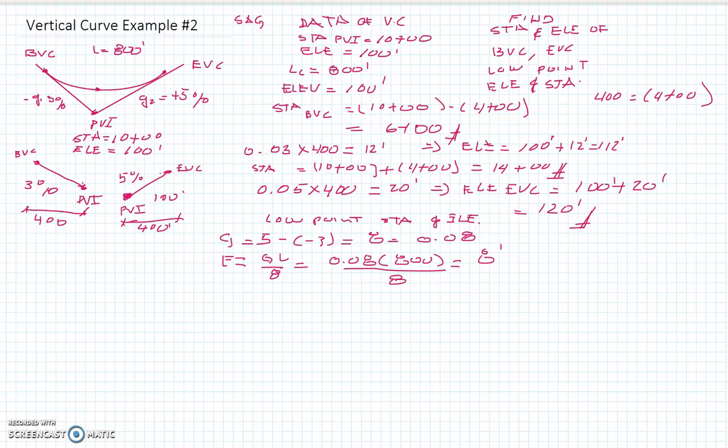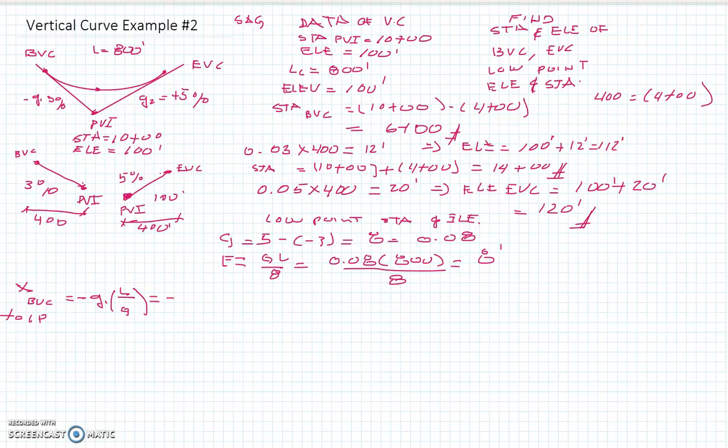So now I can find the distance x from the beginning of the vertical curve to my low point, and the formula is minus g1 L divided by g.